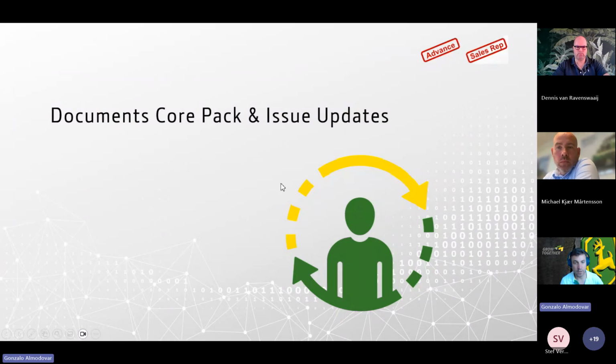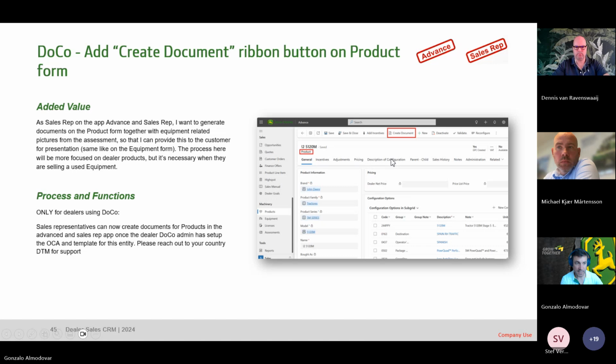Document call package. We have 2 more new features here. The first one is the capability to create documents from products. When I'm visiting a customer and we are discussing a 6R, some dealers directly create the quote, including all the values and features. Others prefer not to be so aggressive with the numbers, and first provide an initial overview of the product. You can provide that via build and price, where you can produce a PDF document and give it to the customer, including values or not, or just a description.